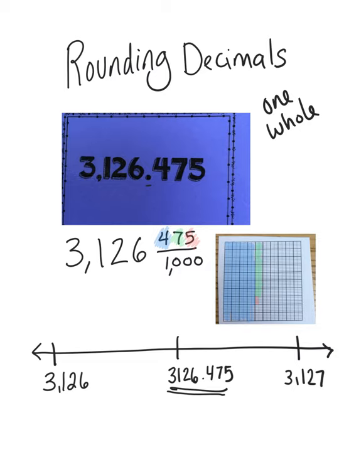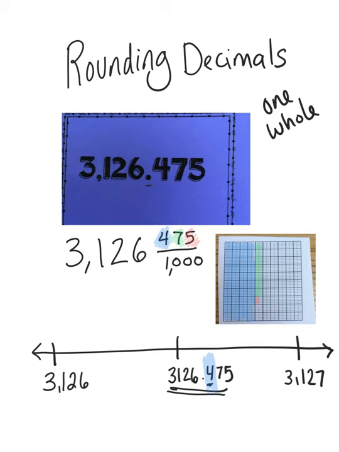If I'm going to round this number to the nearest whole number, I need to use my tenths place to help me do that. Let me highlight that. I'm going to look at my tenths place, and if this digit is 5 or above, I'm going to round up to the nearest whole number. And if this digit is less than 5, I'm going to round down.